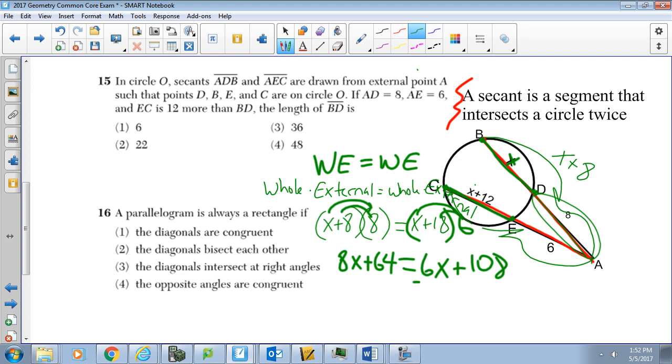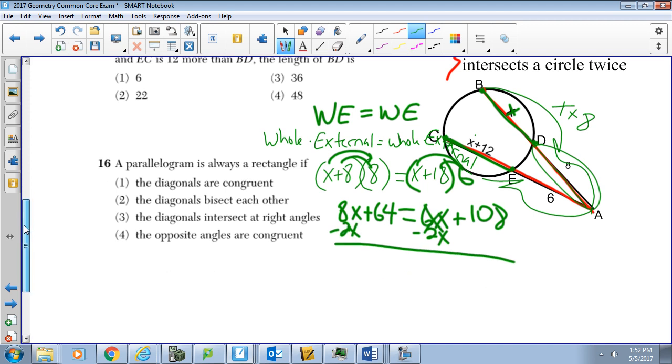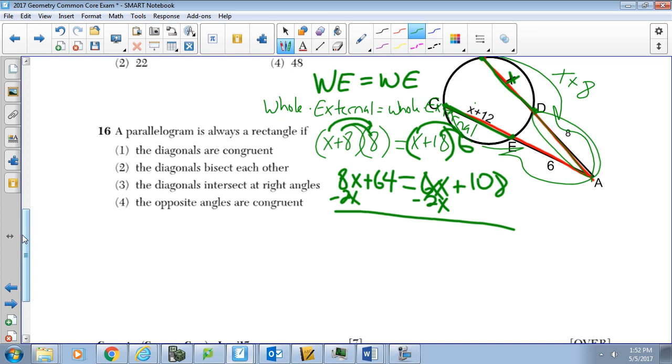And then we just go ahead and solve for x. So I'm going to take away 6x, take away 6x. So it's going to be 2x plus 64 is equal to 108. Now I'm going to take away 64.